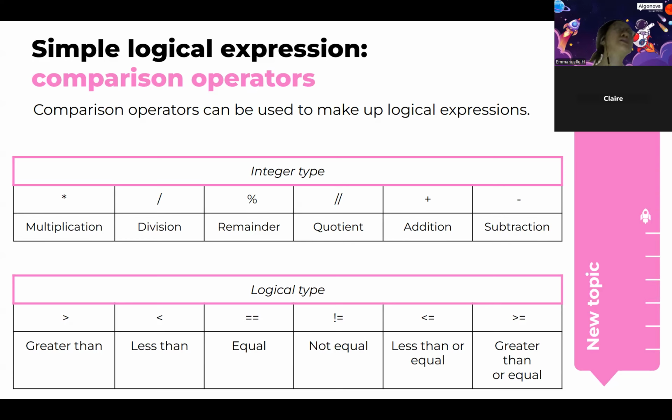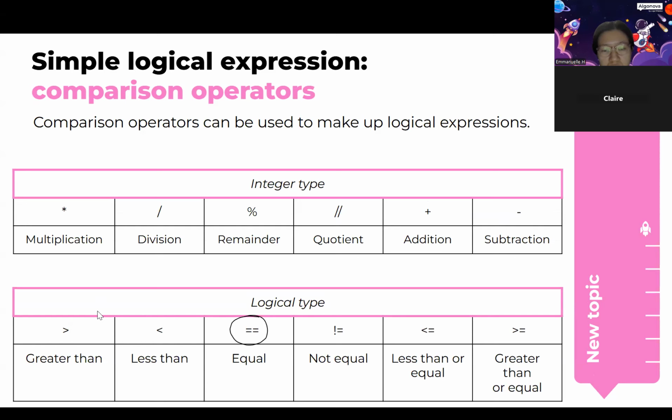Equals is double equals. And if it's not equal, we use exclamation mark and equals. Other than that, it's similar to math. The only difference is that whenever we want to compare, we use double equals and not equals. Okay.